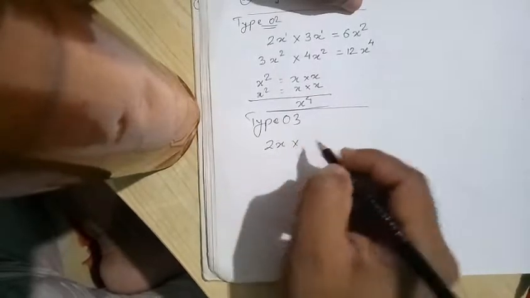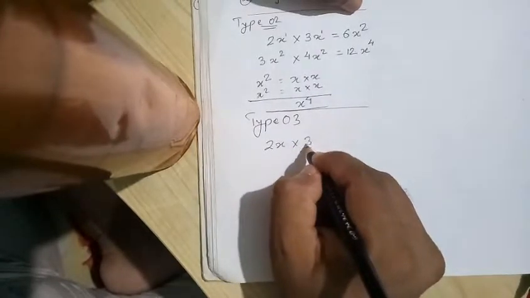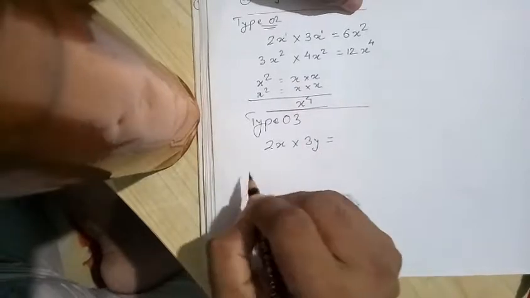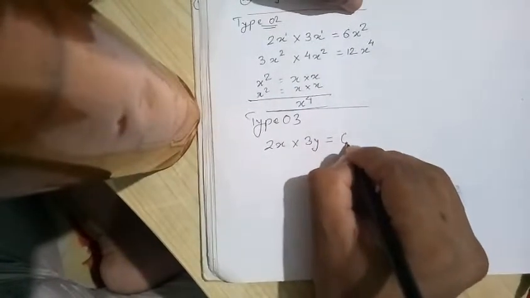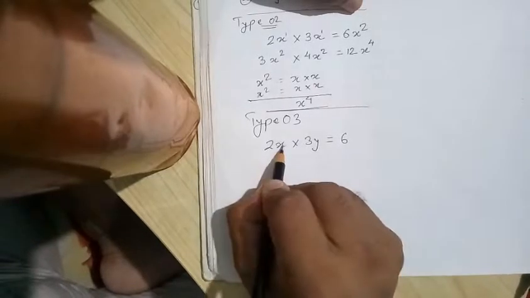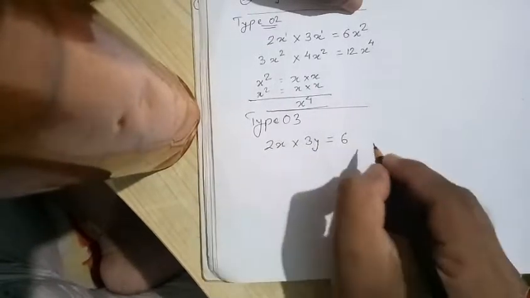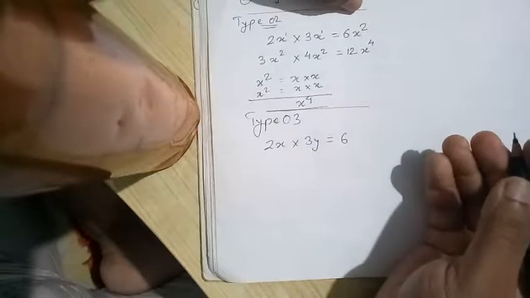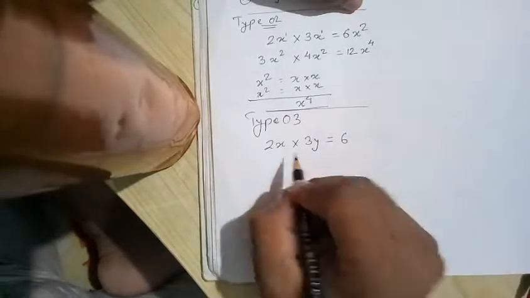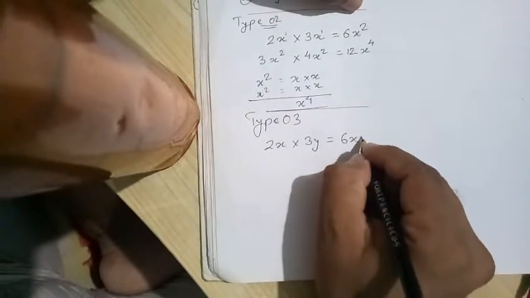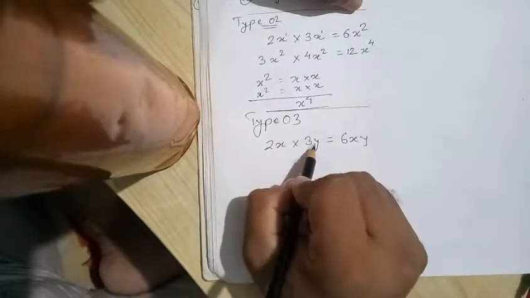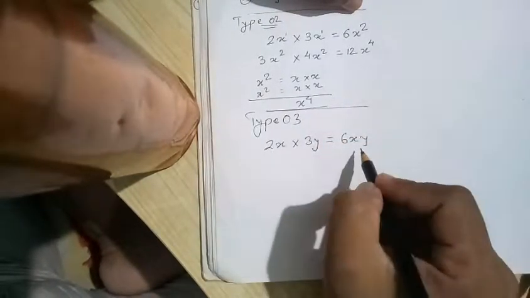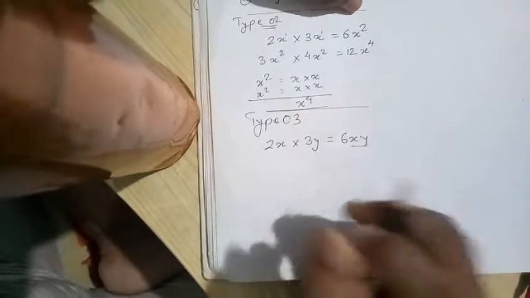into 3y. Remember that a number will multiply with a number, so no problem: 3 twos are 6. But when you multiply x and y, they don't multiply as it is. You will just write x and y together. So x into y, if the variables are not the same, write them just like this.